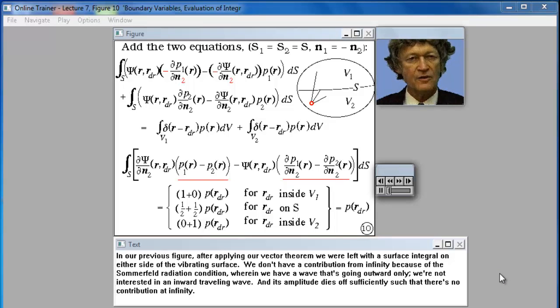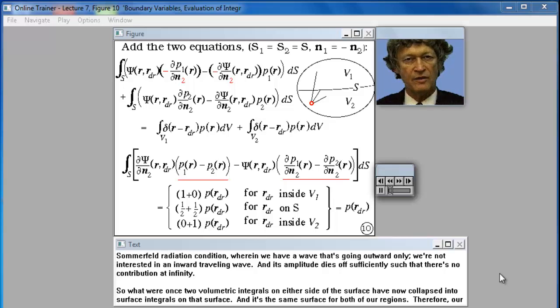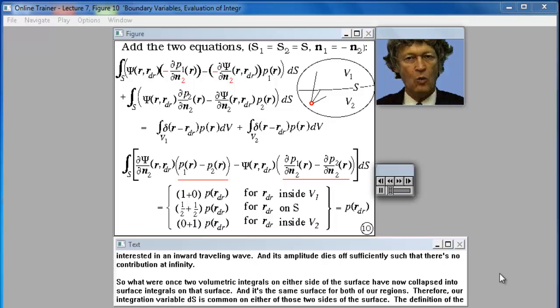In our previous figure, after applying our vector theorem, we were left with a surface integral on either side of the vibrating surface. We don't have a contribution from infinity because of the Sommerfeld radiation condition, wherein we have a wave that's going outward only.